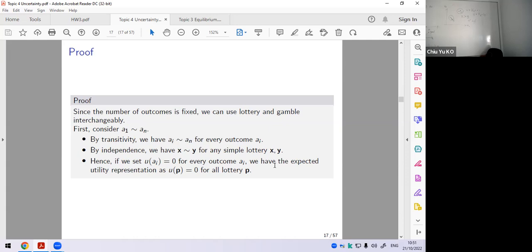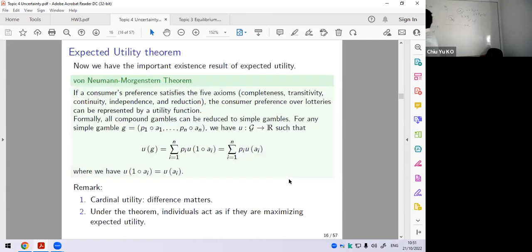How can you represent this? The idea is that under this case all lotteries are the same. So how can you make this statement work? How can you assign a value to each outcome? The way to do it is to make it 0 everywhere, then the lottery is still 0 everywhere. Is that clear? Every outcome is 0, then the lottery will be 0.